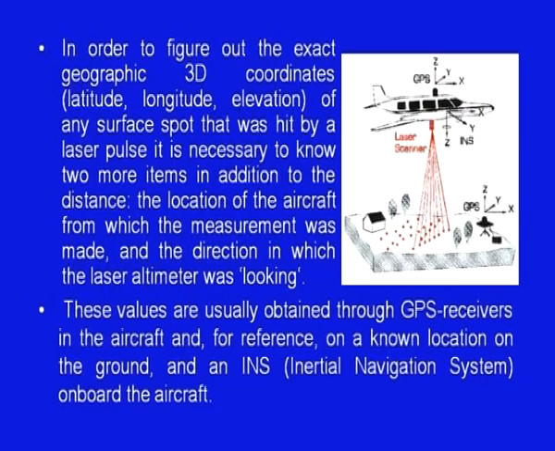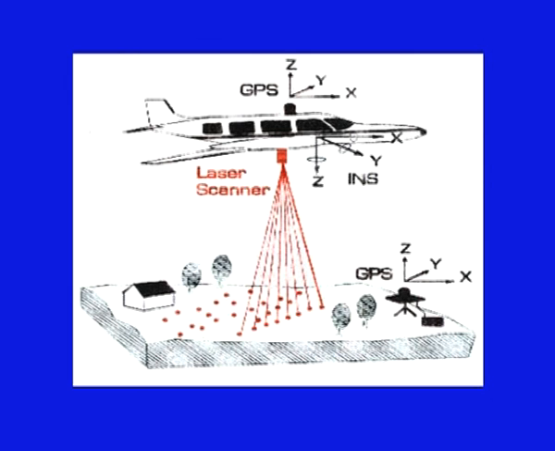These values are obtained through GPS receivers in the aircraft and for reference on a known location on the ground, and an INS, inertial navigation system, on board the aircraft. This particular graphic shows the three basic pieces of information required to further augment the data being collected by the laser altimeter.